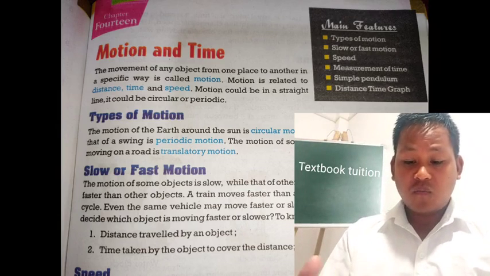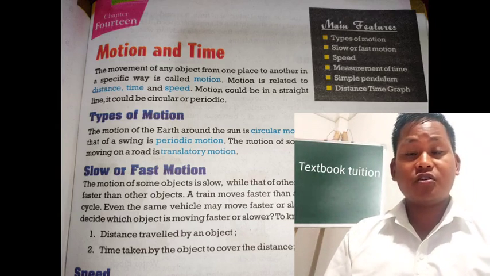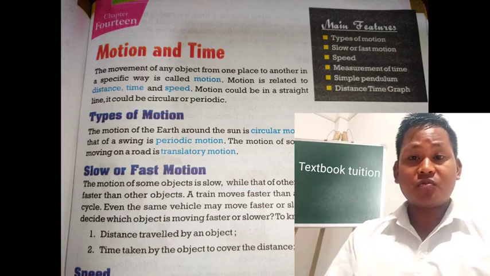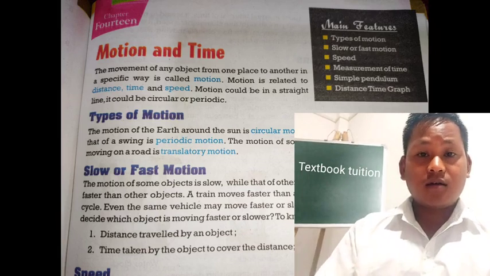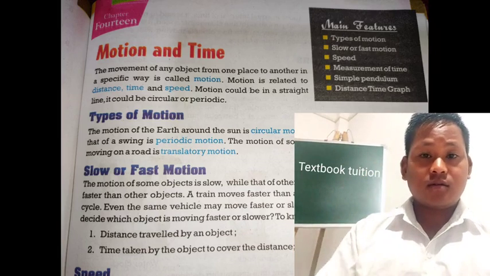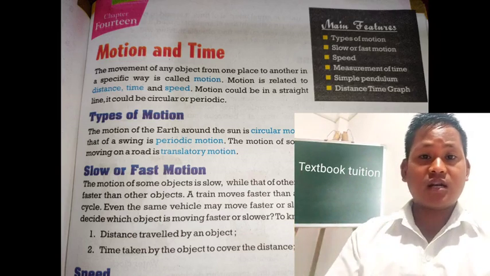The motion of the earth around the sun is circular motion. The earth, a planet, is moving around the sun.